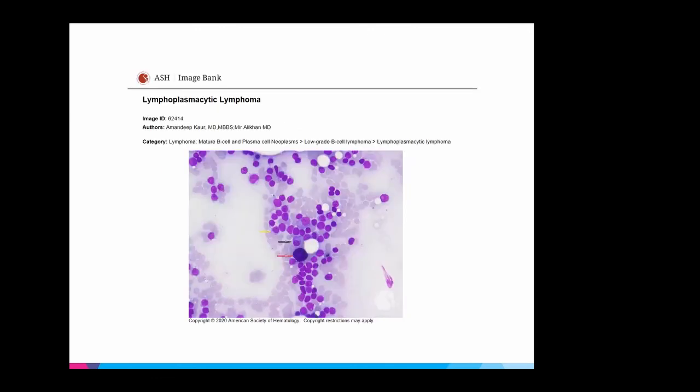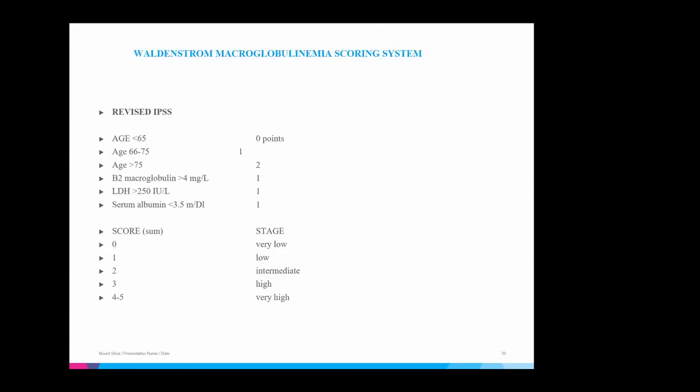This is an example of a bone marrow of a patient with Waldenstrom's. As you can see, most of these cells look like small lymphocytes, but there are plasma cells here and here admixed among the lymphocytes. So this is a pretty characteristic bone marrow picture in patients with Waldenstrom's.